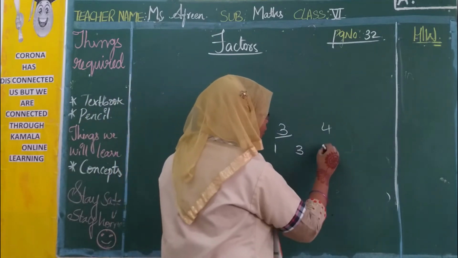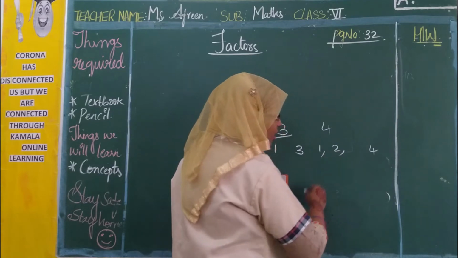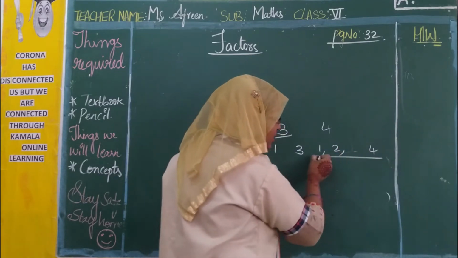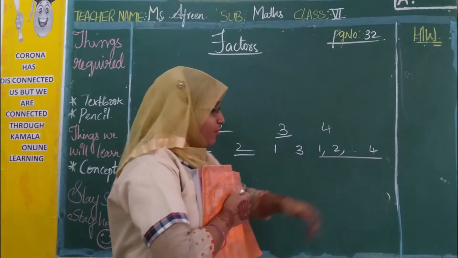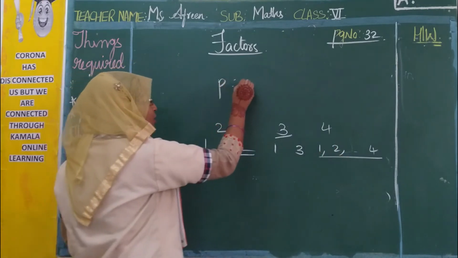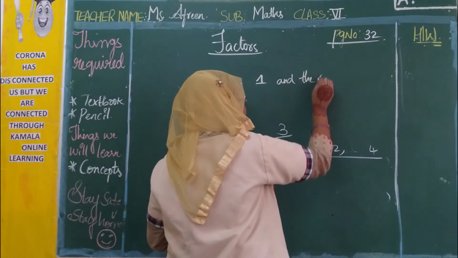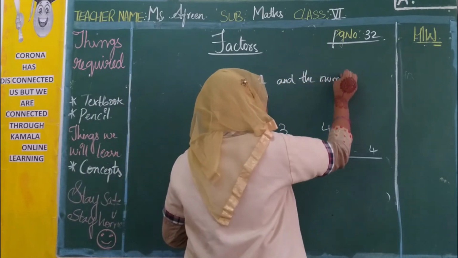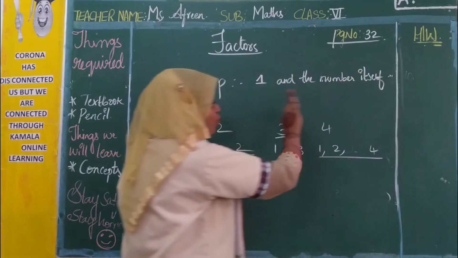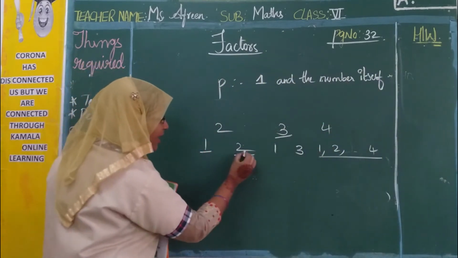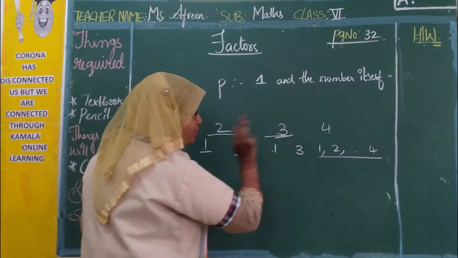Coming to 4, it can be written as 1 4 is 4, 4 1s are 4, 2 2s are 4. So 1, 2, 4: there are 3 factors for 4. What is a prime number? There should be only 1 and the number itself as factors. Only then are these numbers called prime numbers.